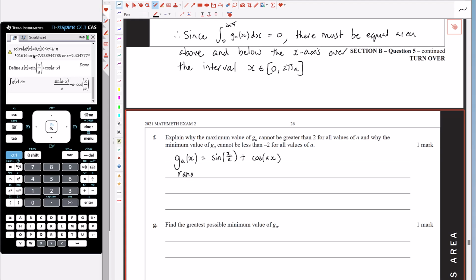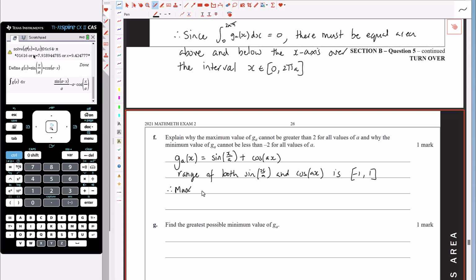Okay, so range of sine x on A and cos AX, range of both, is -1 to 1.